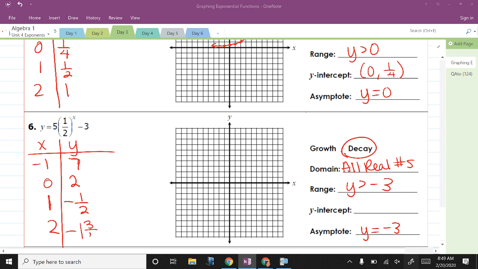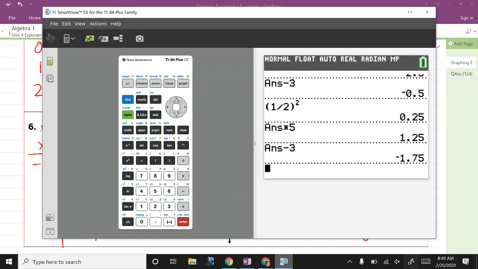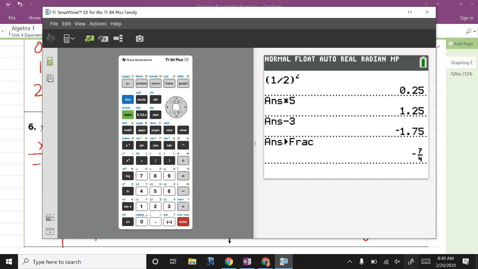I don't care if you do fractions or decimals, okay? That's what I got, see? Same thing. Math enter gives -7/4, which is -1 3/4.